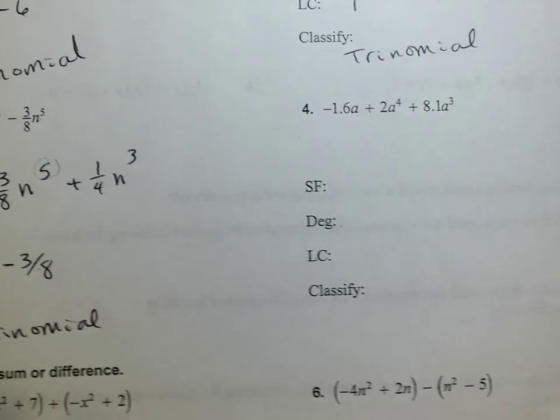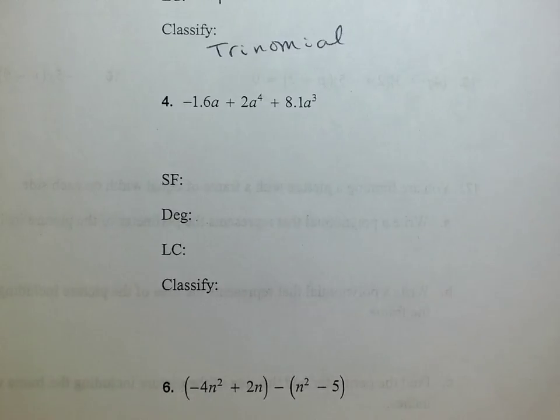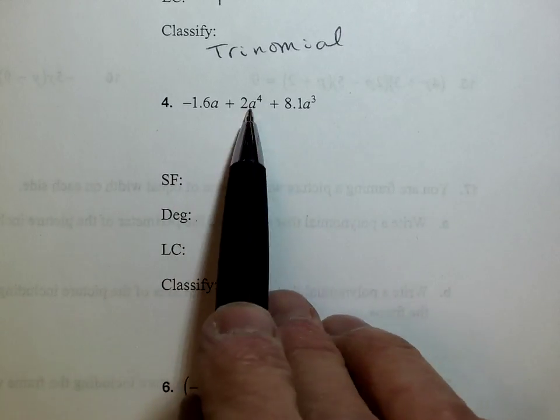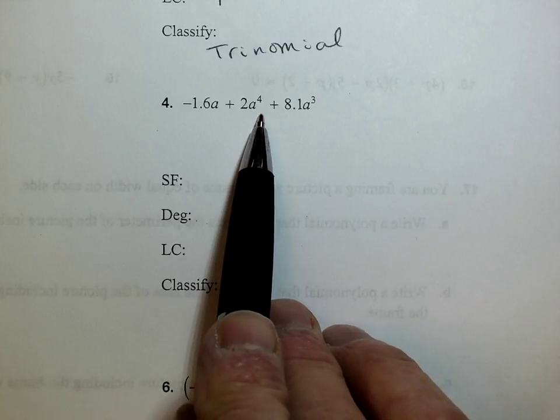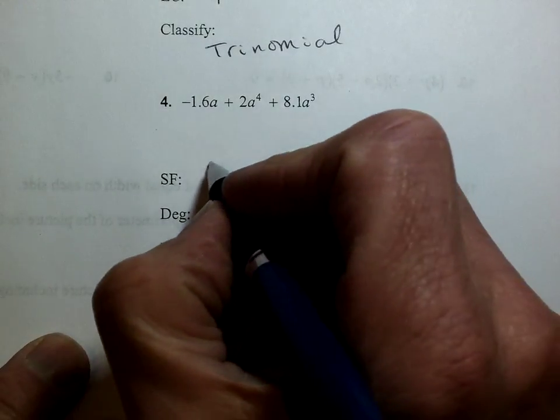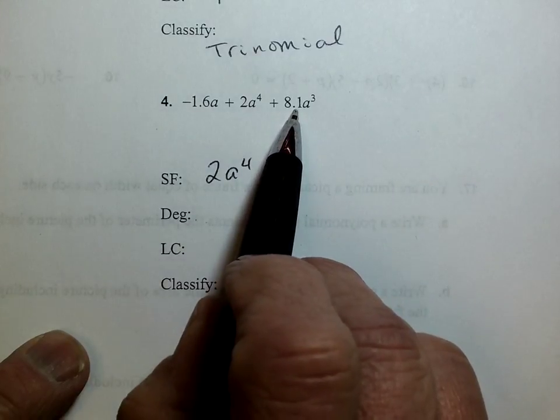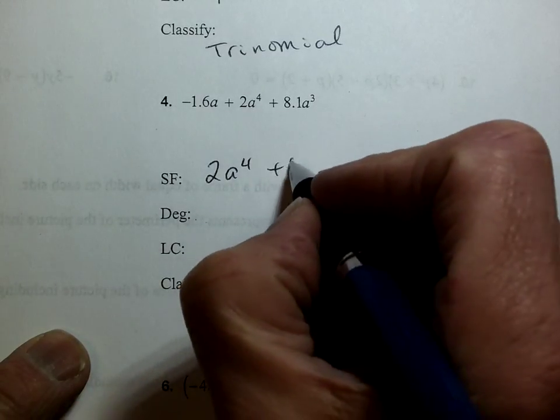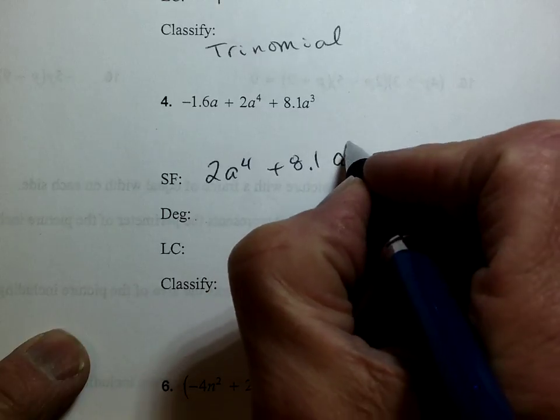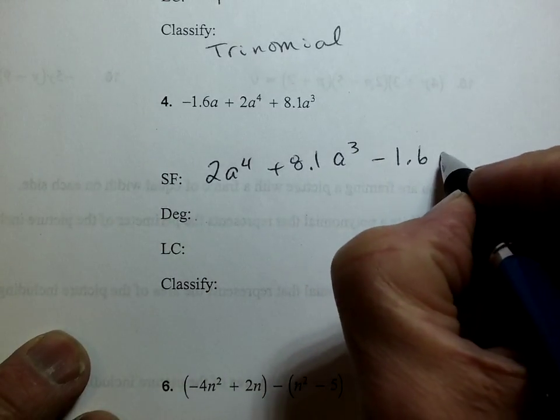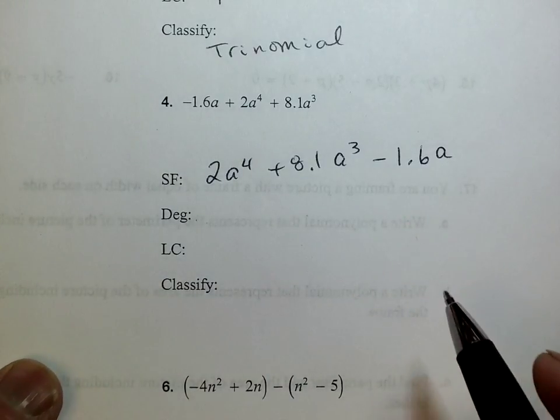Okay. All right, number 4. In number 4, which is the biggest term? Yeah, because of the 4, right? Because of the exponent of 4. So, 2a to the 4. The next biggest is the 8a to the 3rd, and then finally we'll go minus 1.6a, right?